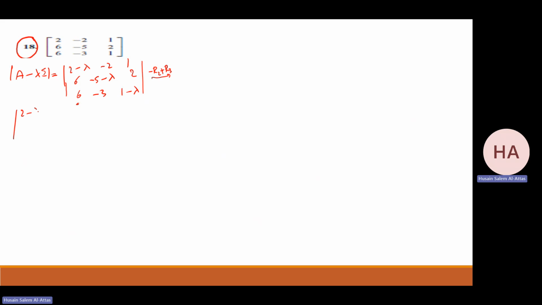You will get what? 2 minus lambda, minus 2, 1. Yeah, but this is the same. 2. That will be 0. That will be lambda minus 2. That will be 3 minus lambda.